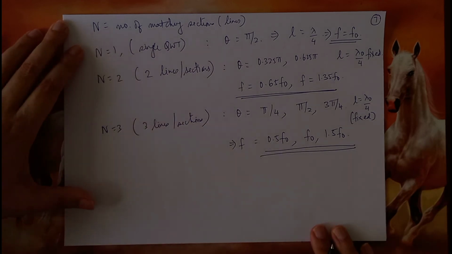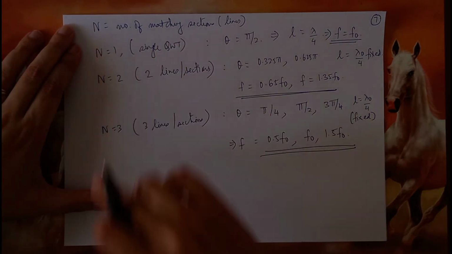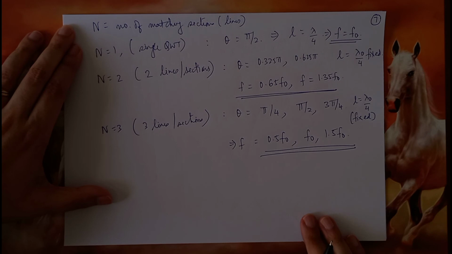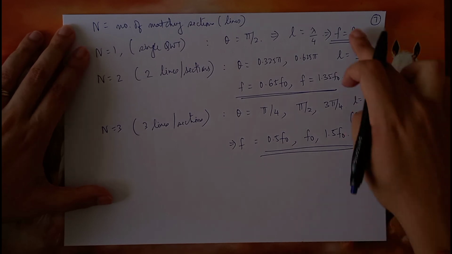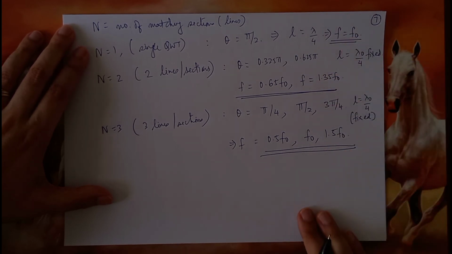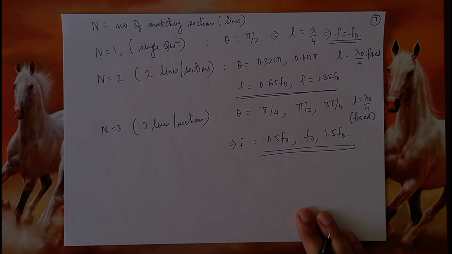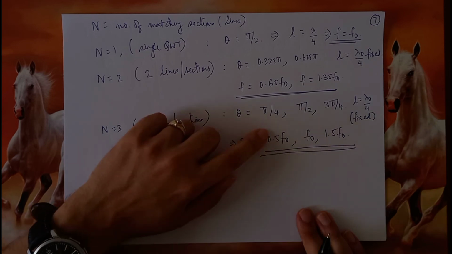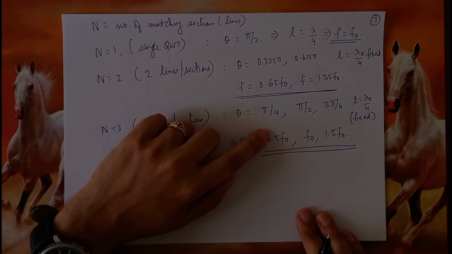These are the minimas. So as the number of intermediate matching lines increase, the number of minimas also increase, which increases the bandwidth. How? By introducing more number of minimas which are quite closely spaced.